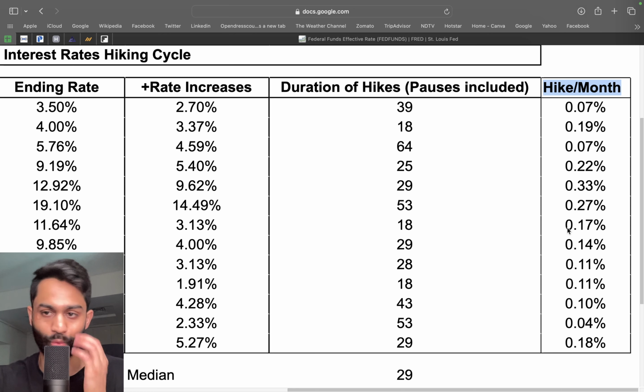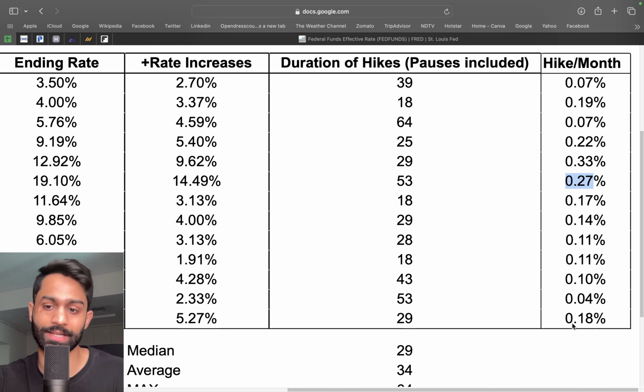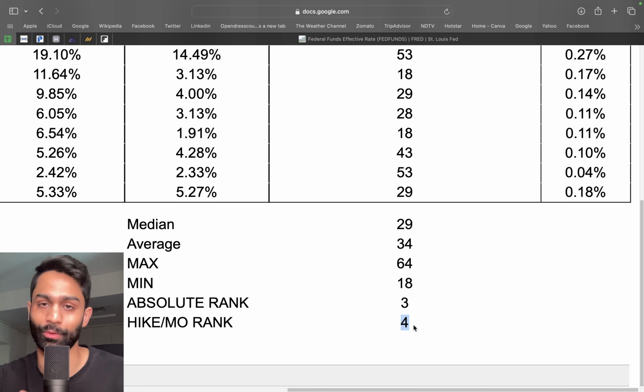And the only other few times, again, back in the 1970s and 80s, the Federal Reserve essentially increased interest rates by 20 to 30 basis points every single month. This time around, we experienced almost a 20 basis point increase every single month, and that was ranked number 4 in terms of the severity and the impact of these interest rate hikes.